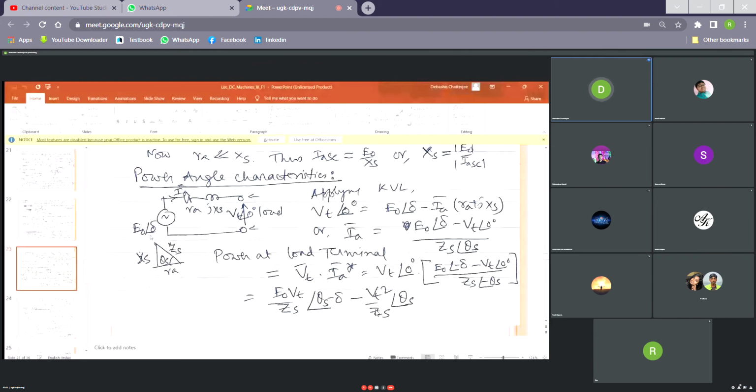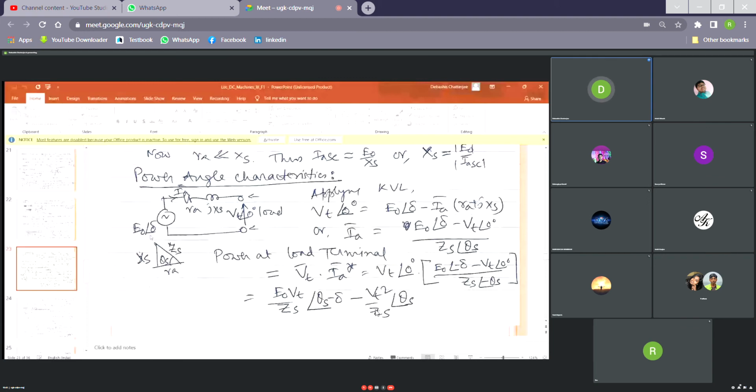Ra plus jXs, this is already known as Zs at an angle theta s. So Ia is E0 minus Vt by Zs. Then the power at the load can be calculated as Vt into Ia conjugate, phasor Vt Ia conjugate. You have seen from your first year how to calculate power having known Vt and Ia.